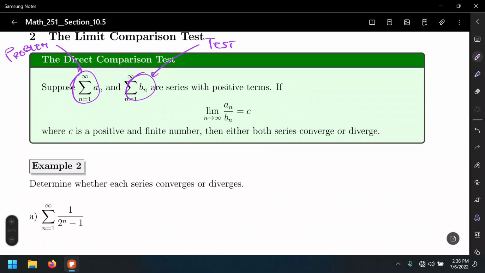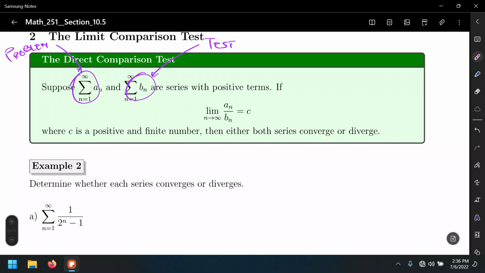Before that, let me explain the test. We're going to find the limit of the quotient of the expression in the problem series to the expression in the test series. If the limit is a positive and finite value, then our original series will do whatever the test series does.